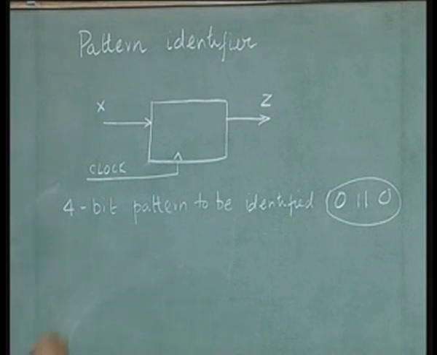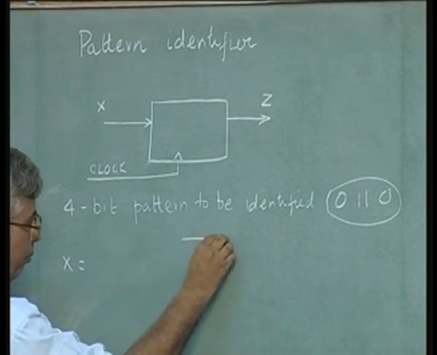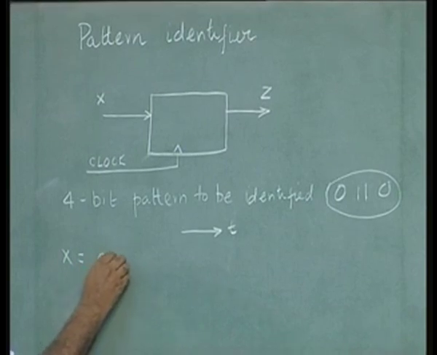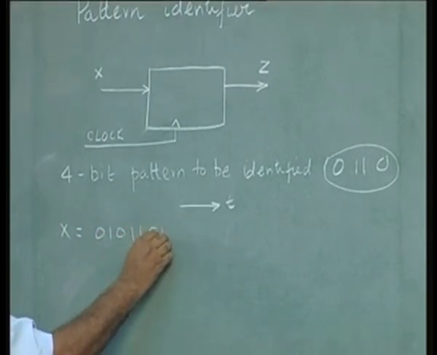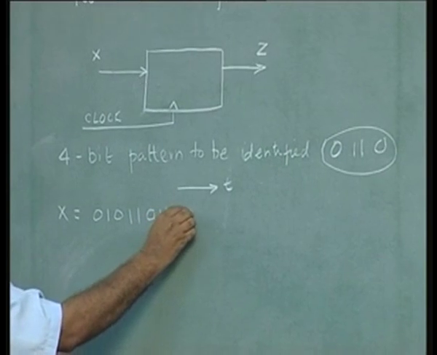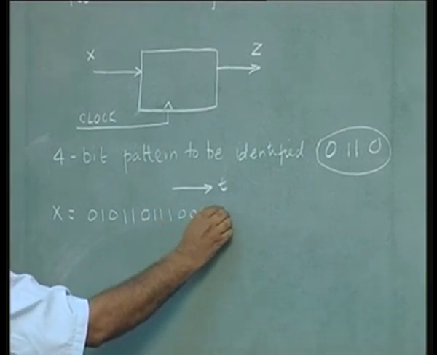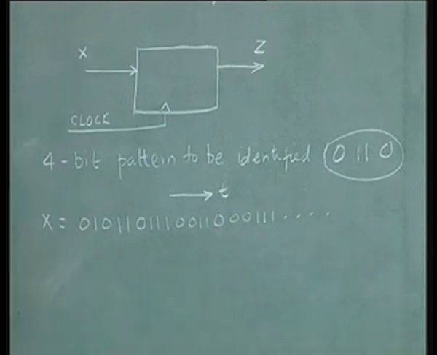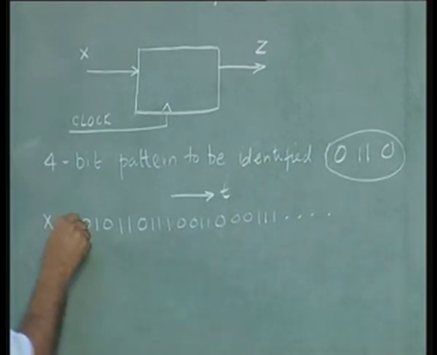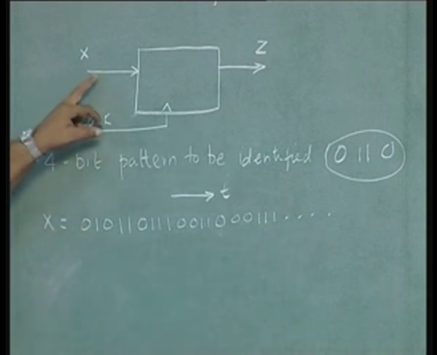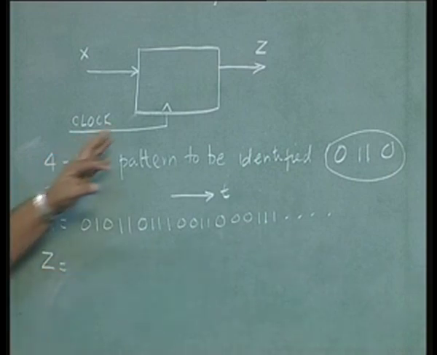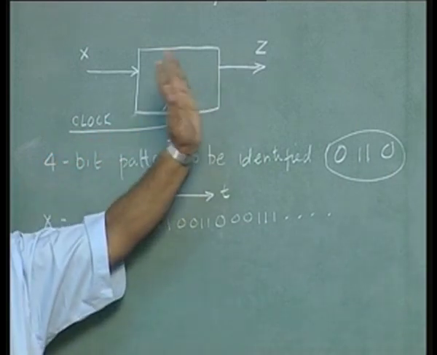I will give you an example. Let us say X is serial in time, it occurs like this: 0 1 0 1 1 0 1 1 1 0 0 1 1 0 0 0 1 1 1 etc. That means each clock pulse one input bit occurs at the input, and the output should be, initially we assume the output was 0, it is called reset condition.